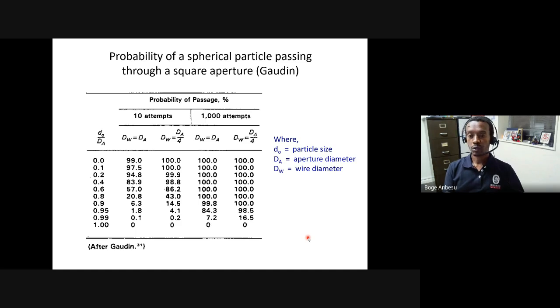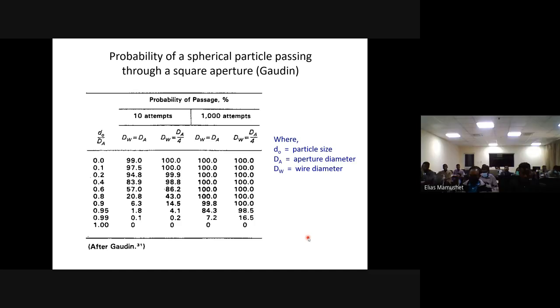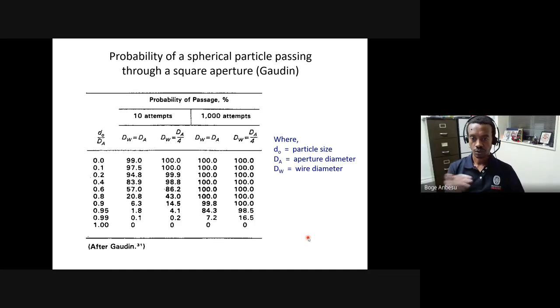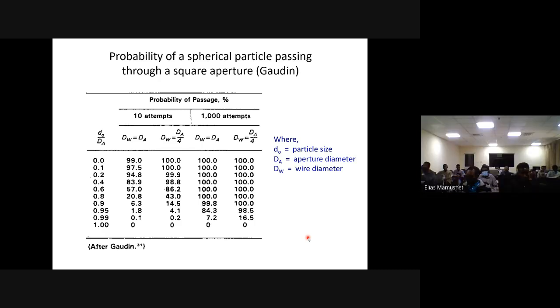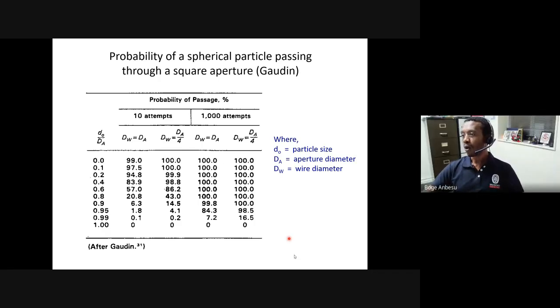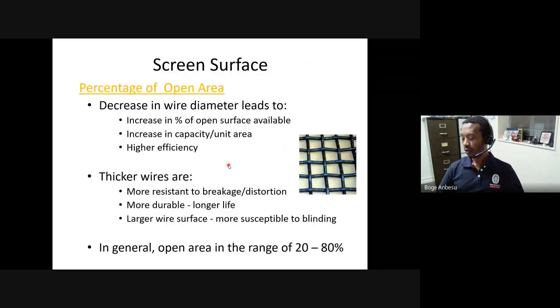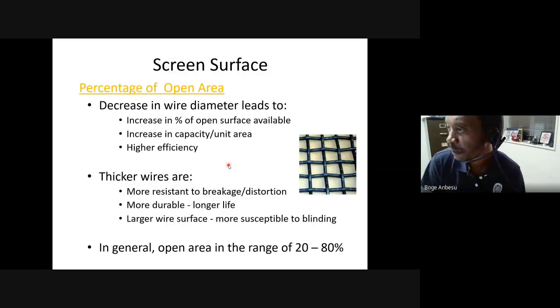If the majority of the particles are close to one size, then you shouldn't pick a screen around that size. Your screen should be higher than that size or much smaller than that size. Otherwise, if the screen size is close to the size of a lot of particles, then efficiency will drop significantly. So this is one of the factors that affect the performance of a screen.